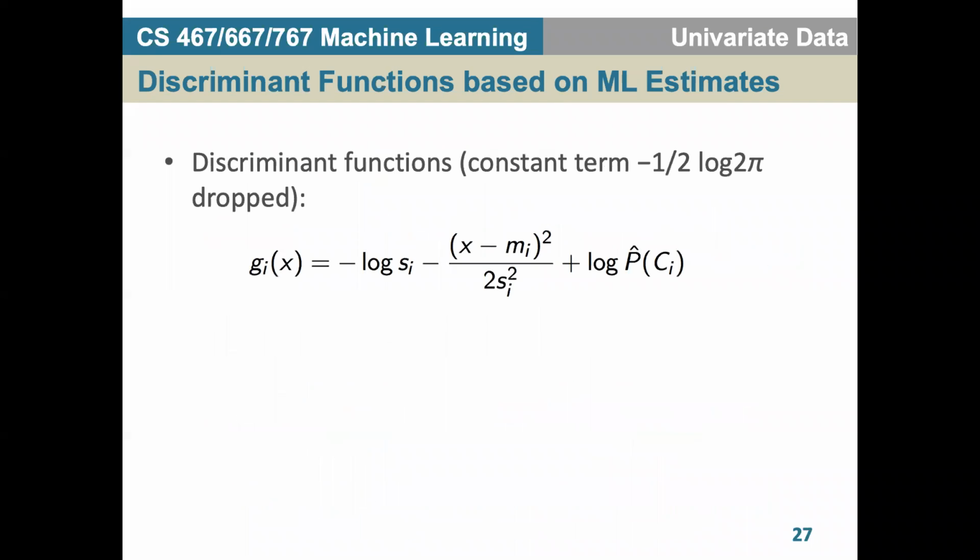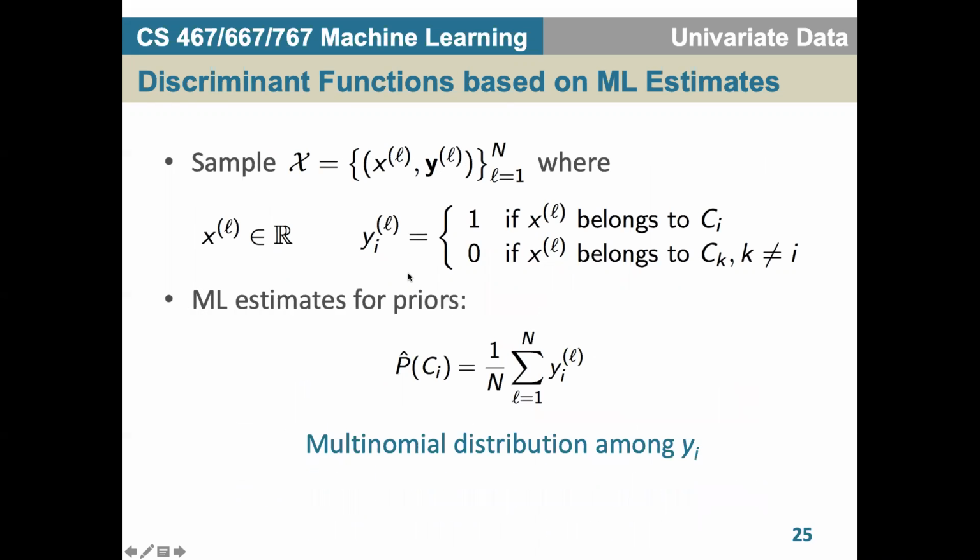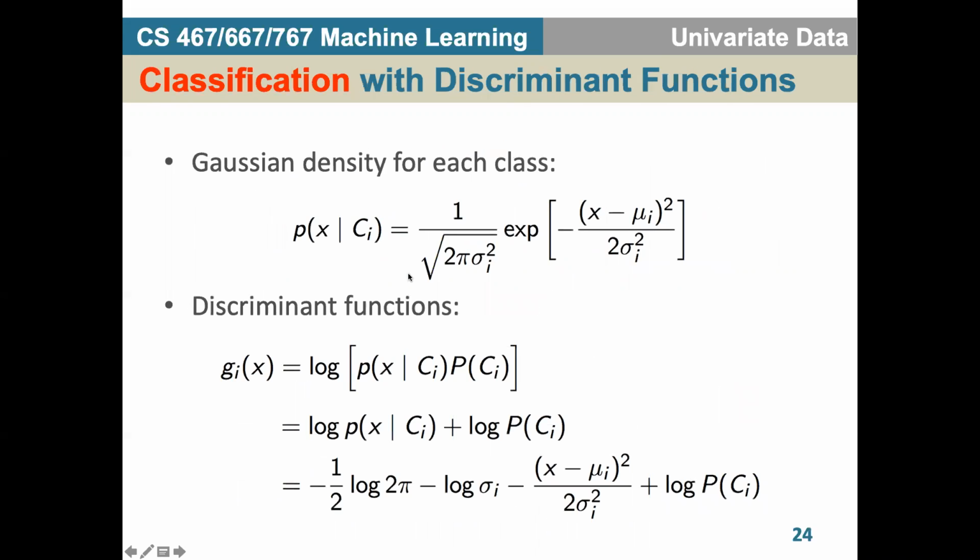Okay, let's continue. We are a little bit behind schedule. Now let's look at the discriminant functions. You may remember we have 3 terms for the Gaussian, right? If you come back to here, this first term is a constant. It doesn't depend on which class. For class 1, class 2, class 3, you are all adding this term, so it doesn't change the relative order.